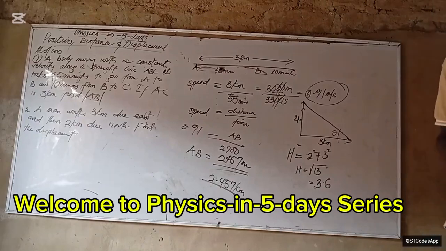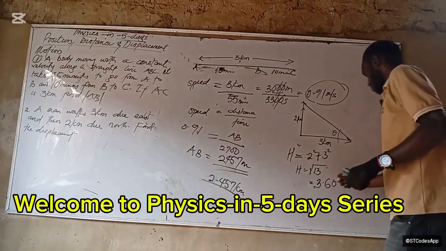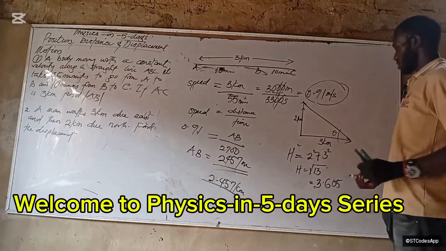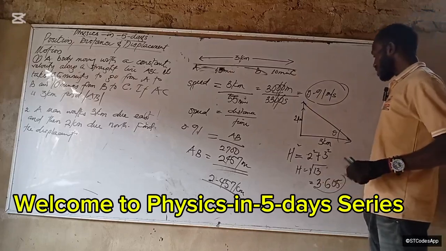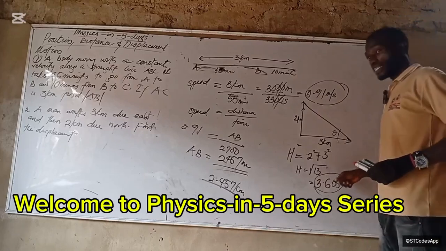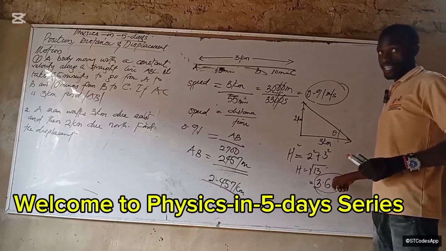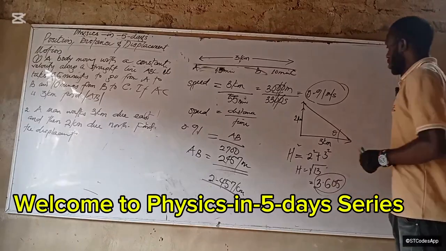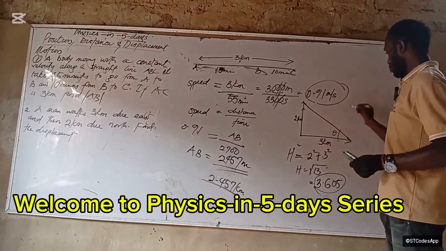Okay, that's good. 3.605. Be careful to approximate anyhow, eh? So this is the distance he has moved resultantly. Is that okay? But what will be his direction?